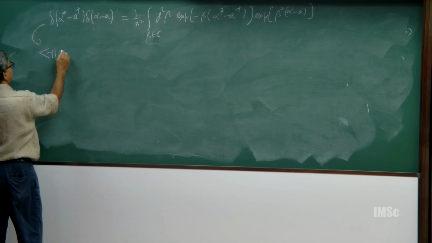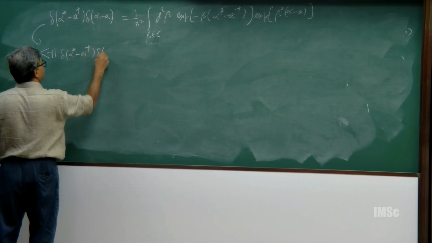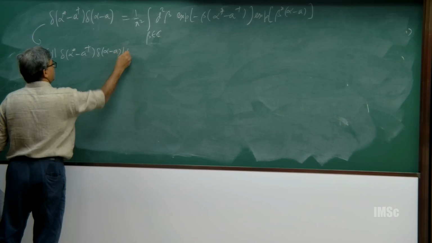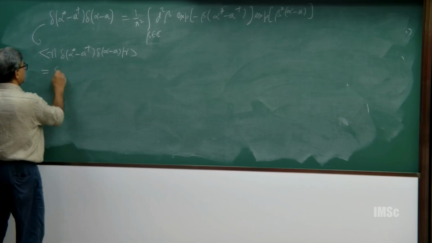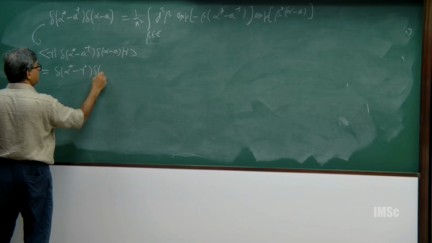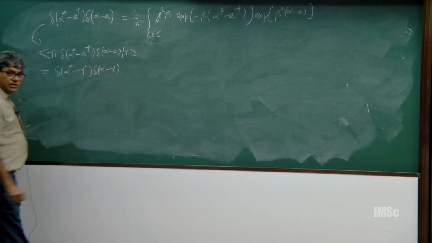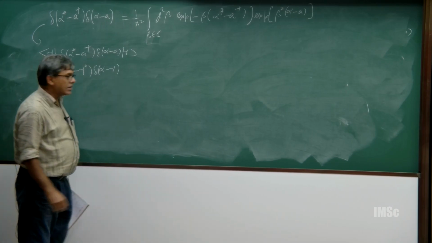So, let us take any coherent state gamma. This will be delta of alpha star minus gamma star, delta of alpha minus gamma, and this of course will be 1.